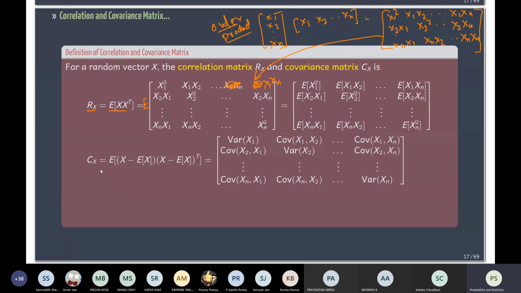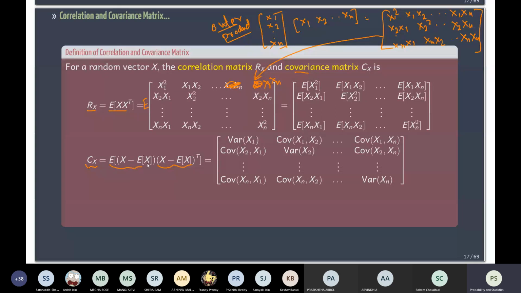And the covariance matrix is defined to be like this. These are not cross; there is also the concept of cross covariance and cross correlation, but this is with itself, so they are called covariance and correlation.